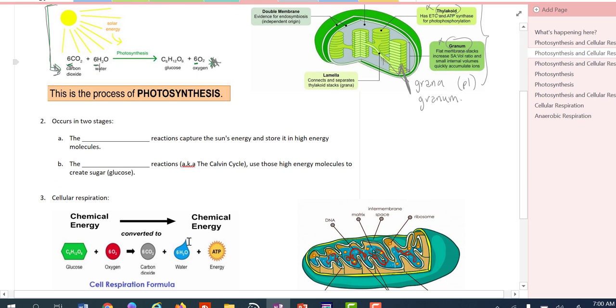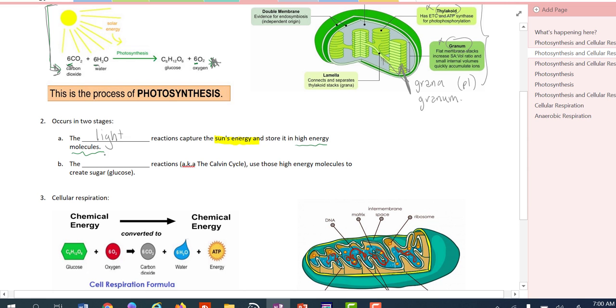It occurs in two stages, which we'll look at in slightly more detail. The two stages are divided into what we call light reactions, for obvious reasons. This is where we take the sun's energy and use it to create high energy molecules, which we'll see.